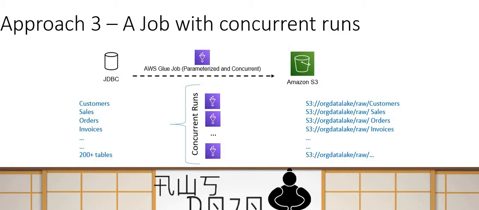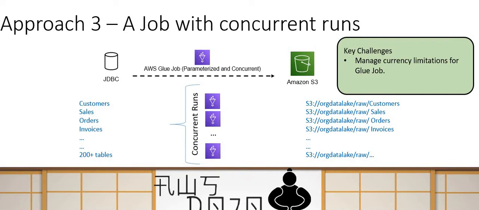Now this also comes with one key challenge which you have to be aware of, and that is your concurrency limitations. If you look at the Glue job, how many jobs can run in parallel or concurrently, at the account level and at the role level, there are certain limitations. I'm not putting the limits here because I always ask you to refer to the latest Glue limits, and I don't want to put something in print which becomes obsolete in a short span of time.